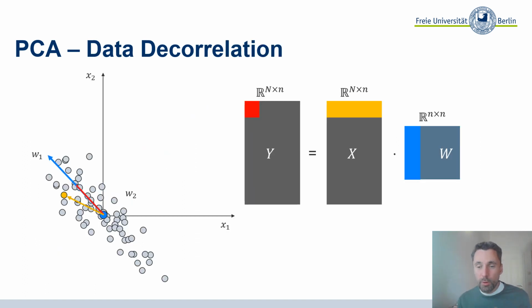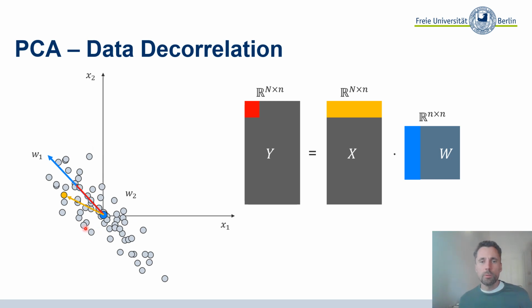Now, remember we wanted to decorrelate the data. So we have in our data, which is already mean-free here, a linear relationship, a negative correlation of x1 and x2.